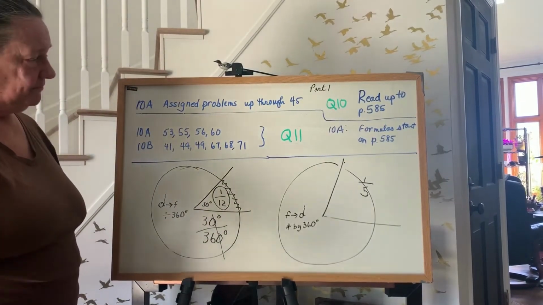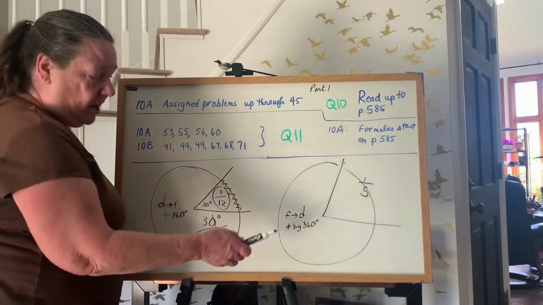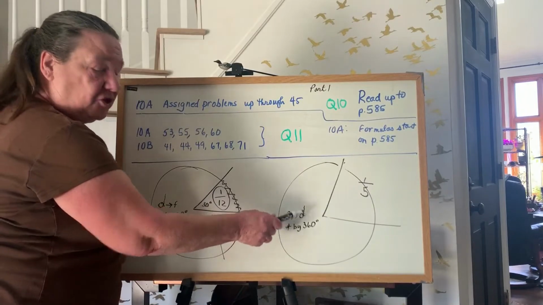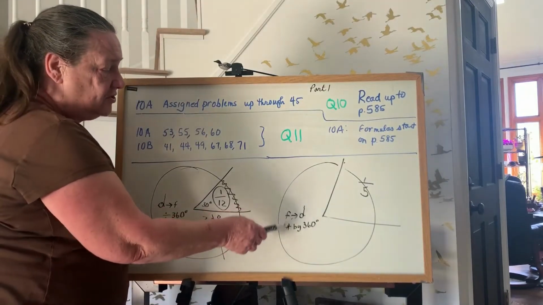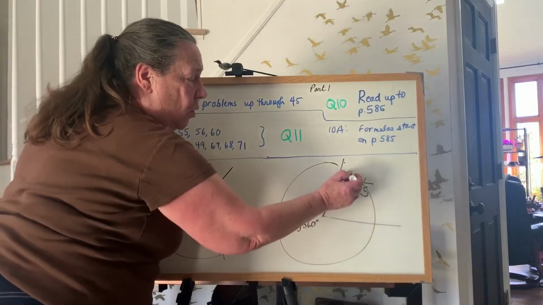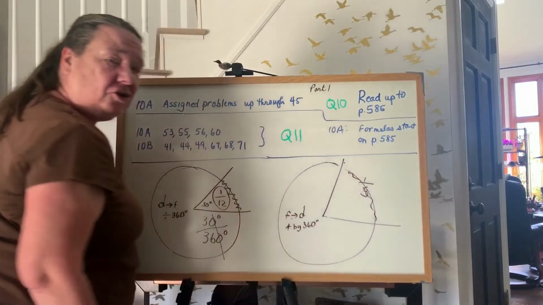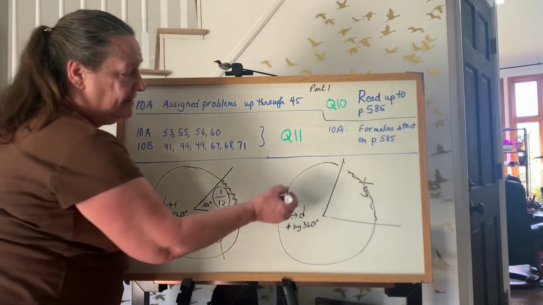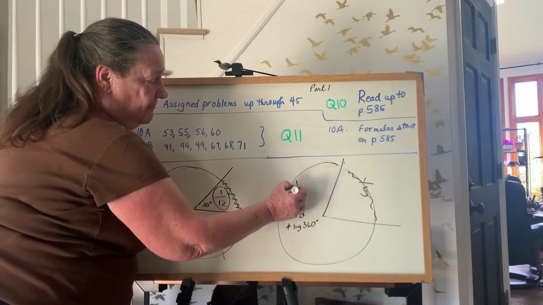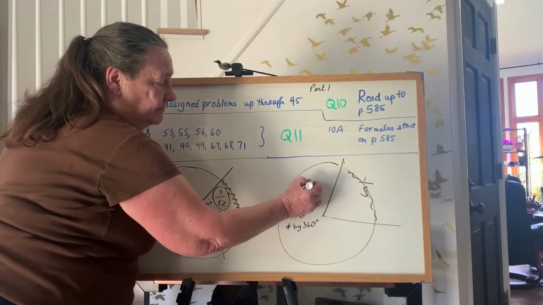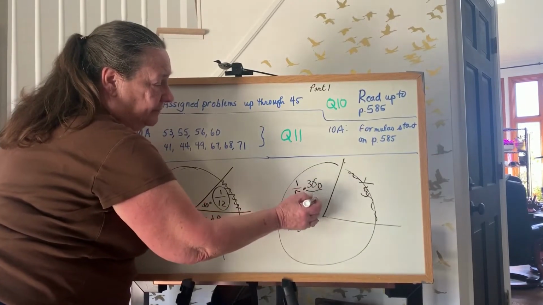That's pretty easy. Okay, but sometimes you want to go from a fraction back to degrees, okay? So this time we are going to subtend 1/5 of the circle. And this time you multiply by 360. So it's 1/5 times 360. Okay?